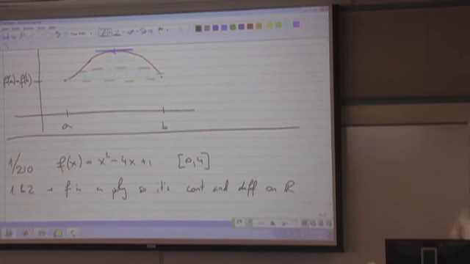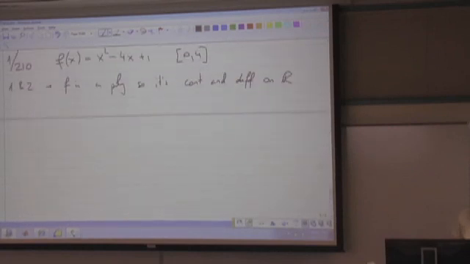So clearly it will be continuous between 0 and 4 and differentiable between 0 and 4. Does that make sense? Okay. Number 3, f of 0 is equal to 1. F of 4 is equal to 16 minus 16 plus 1. So it's equal to 1. Right? So conditions are met.